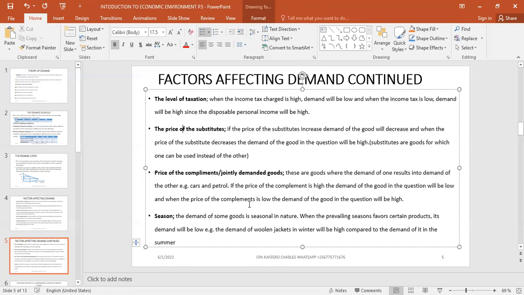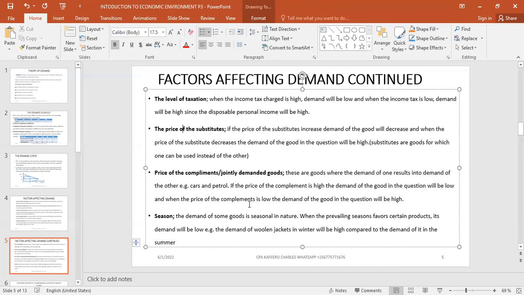So this affects the demand of products in a sense that if the price of the substitutes increases, then the demand of the good will also decrease. And when the price of the substitutes decreases, the demand of the good in question will be high.